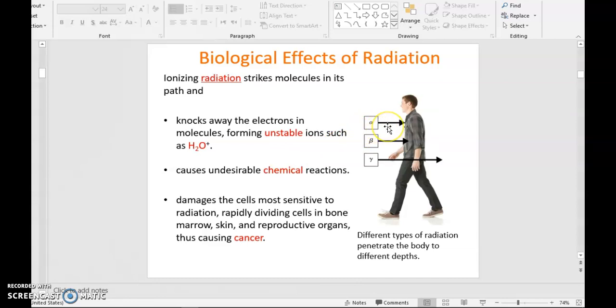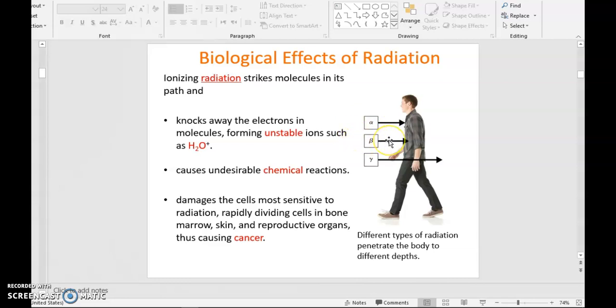For alpha, a shield of paper can prevent it. So it's a strong radiation, but very weak in penetration, so it doesn't hurt that much.